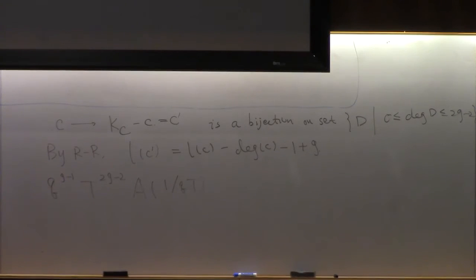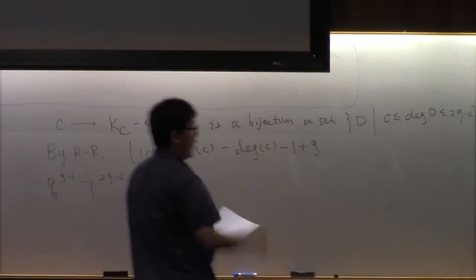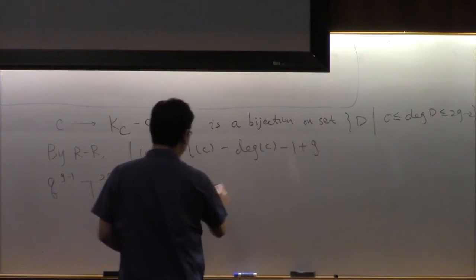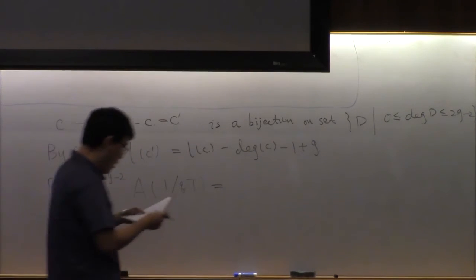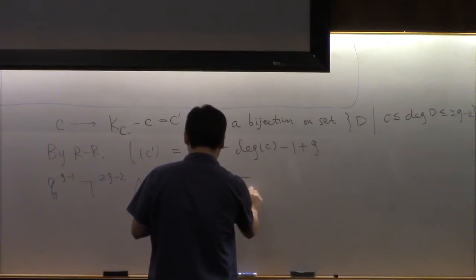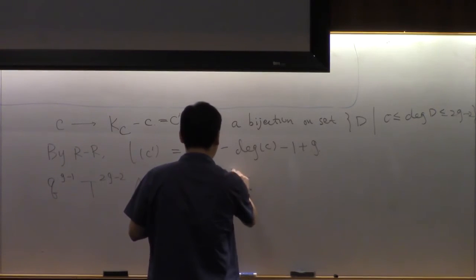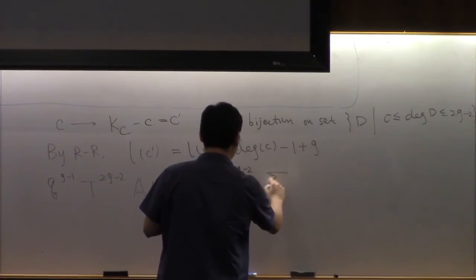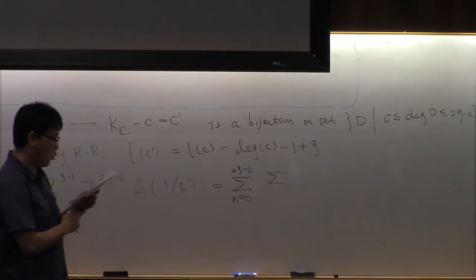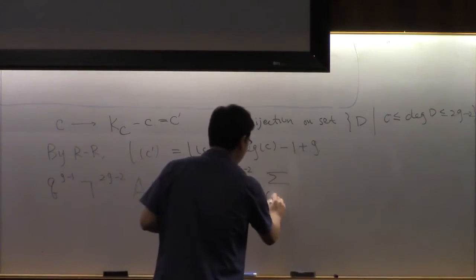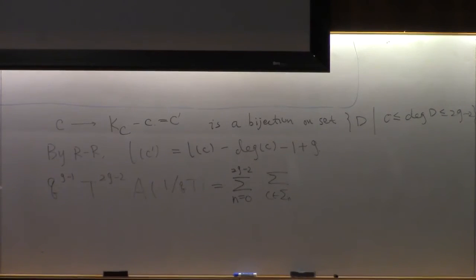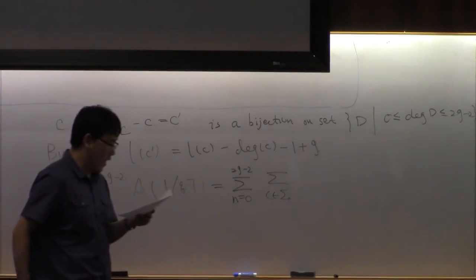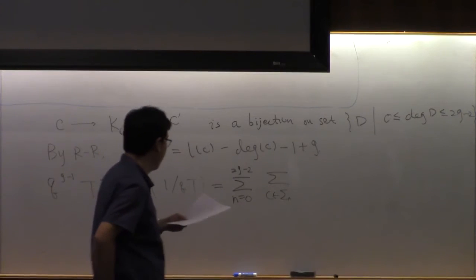Using the definition of the polynomial A(T), I have the sum from n = 0 to 2g-2, and then you take C in a set of representatives of divisors of degree n on the curve.